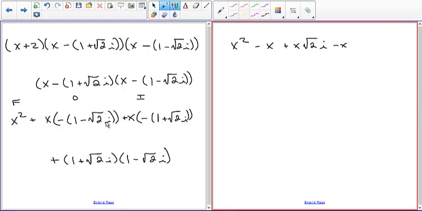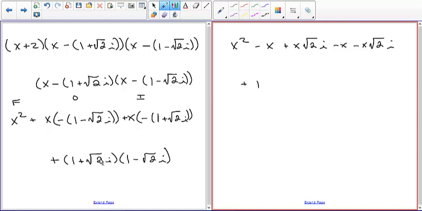Then, where are we in this thing? Okay, then we have the last part. So you have x times negative times positive square root of 2i. So this ended up being positive x square root of 2i. This becomes negative x square root of 2i from this times that times that. And then the last part, you've got 1 times 1, which is 1.